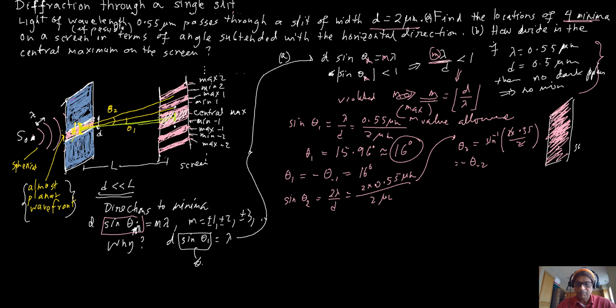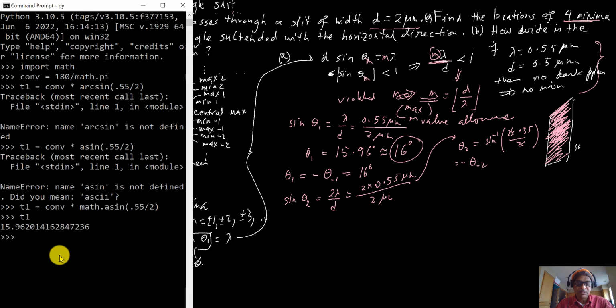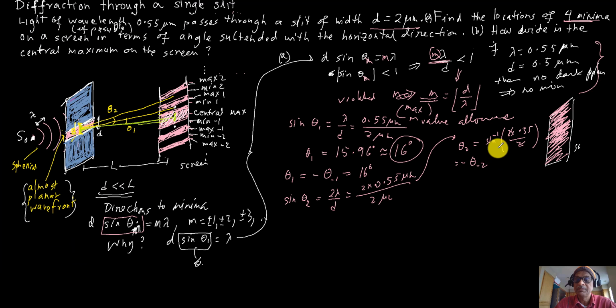So let's look up again, so T2, convert, math a sine 0.55, and T2 will be 33.4 degrees. So this is 33.4 degrees, not quite double of that, it's more than double.